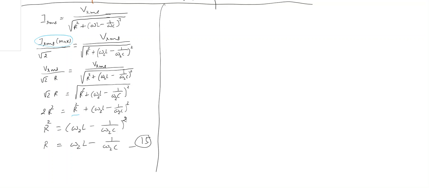Now we know that the half power bandwidth, omega 2 minus omega 1, is equal to, sorry, delta omega.